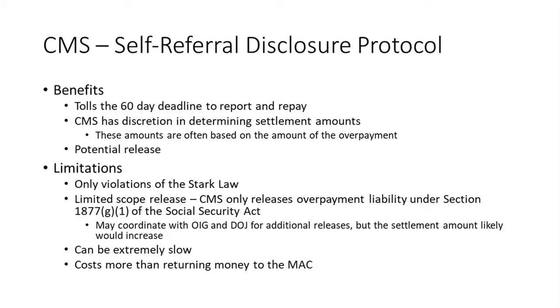And again, that's possible. It happens frequently, but the settlement cost is likely to go up. So CMS is really good as far as it goes, but if you've got violations beyond Stark law, you're going to have to get other agencies involved. It can be pretty slow going, and it's going to be more expensive than just returning money to the MAC, which is the cheapest and fastest way to do this.